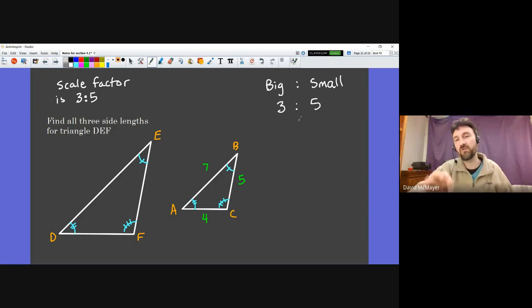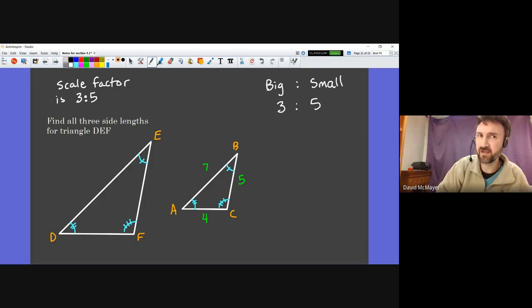And you're like, wait, hold on, Mr. McNair. Big to small, and you wrote 3-to-5? I'm kind of loosely using this notation, but what I'm really trying to get across here is that 3 of the big triangle is going to match 5 of the small triangle. You'll see what I mean here in a second.